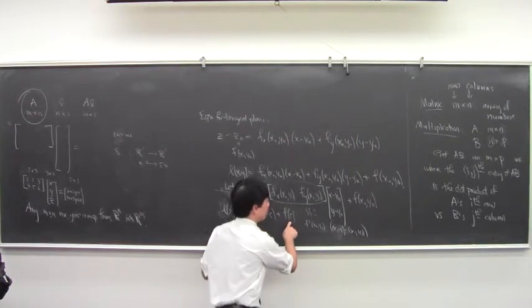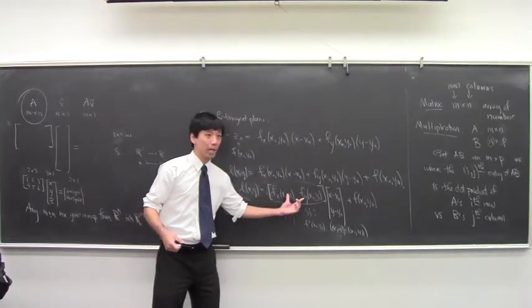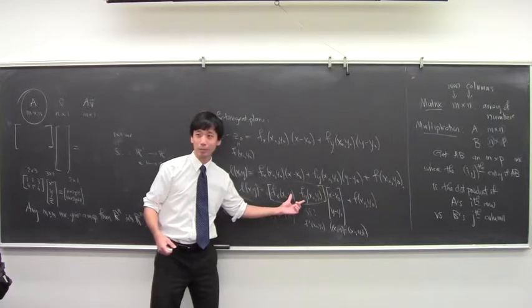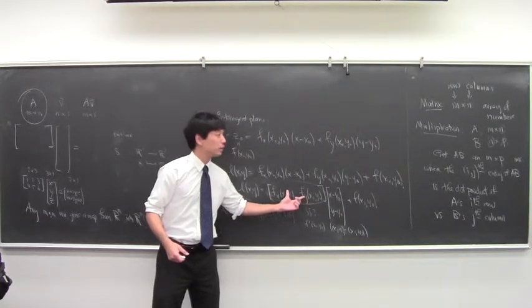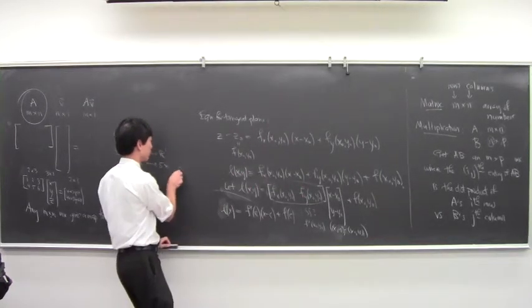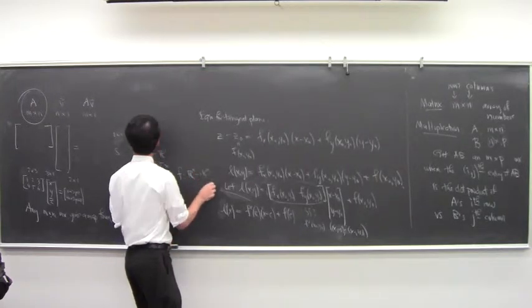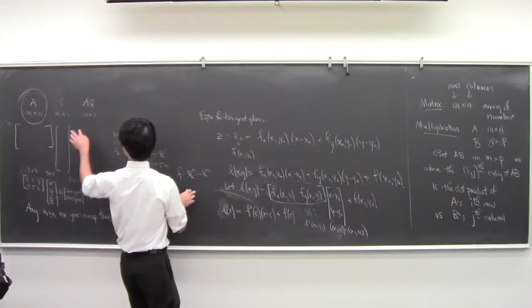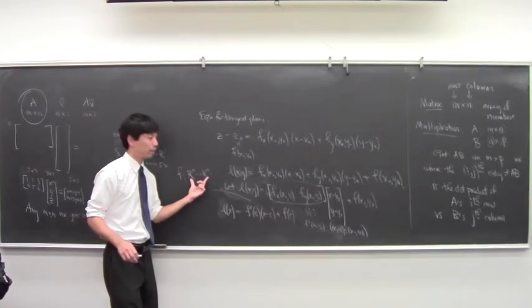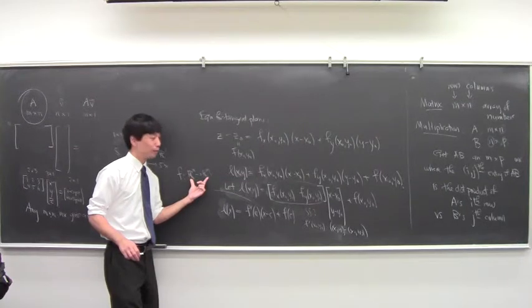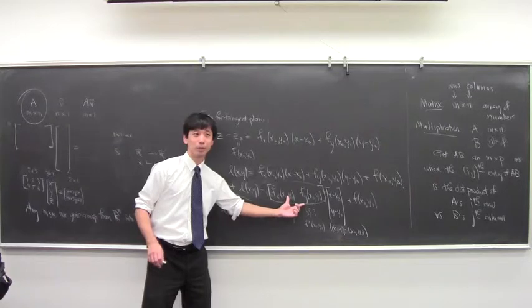I'm sort of jumping the gun here, but what happens for functions from Rn into Rm is that you're going to have an m by n matrix.